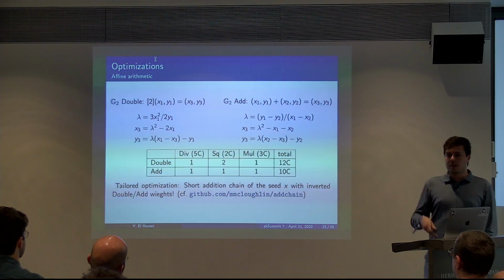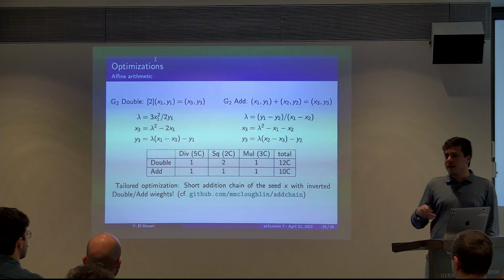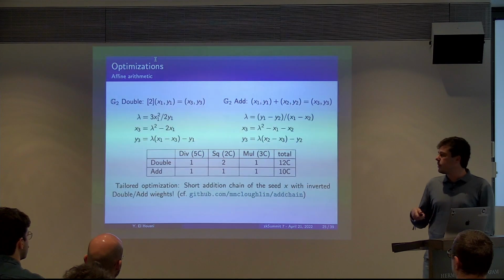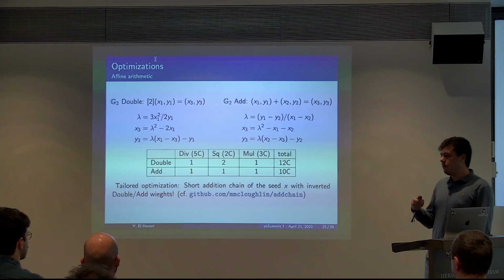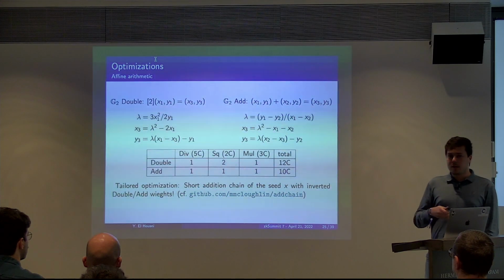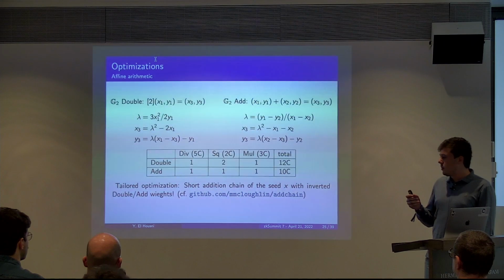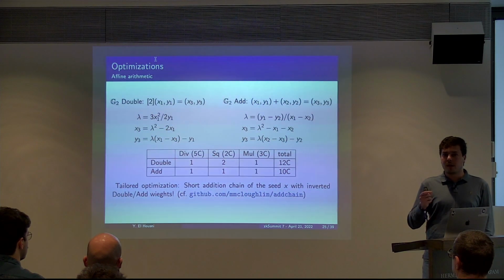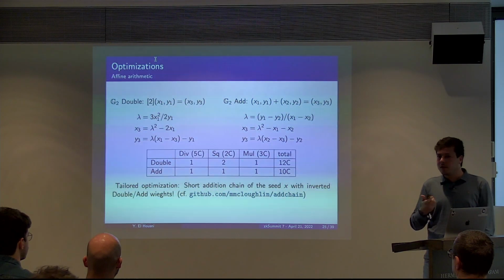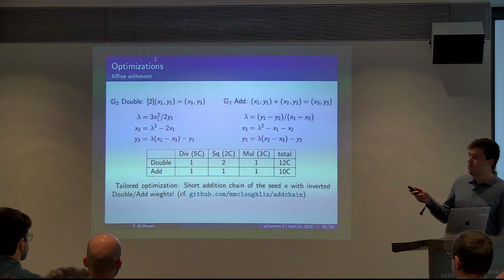When you do this Miller loop, the size is fixed, so you can do a short addition chain for this loop. When we create short addition chains, we look at maximizing the doublings and minimizing the additions because doublings cost less. But inside of the circuit, it's the other way around.